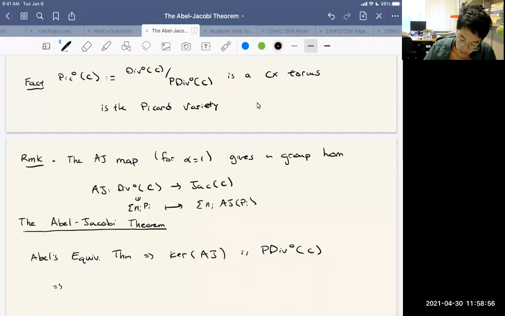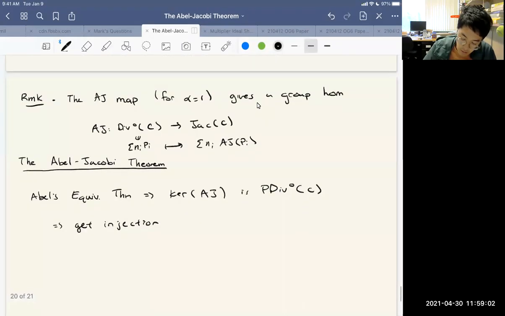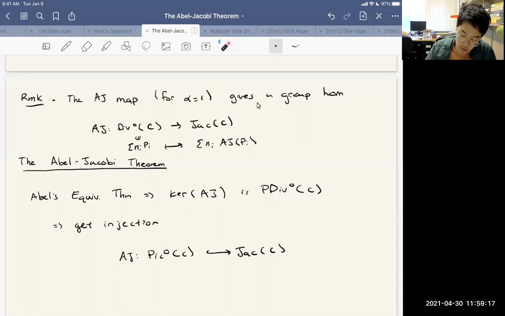Therefore, we get an injection from the Pic 0 of my curve into the Jacobian. This is the Abel part of the Abel-Jacobi theorem.